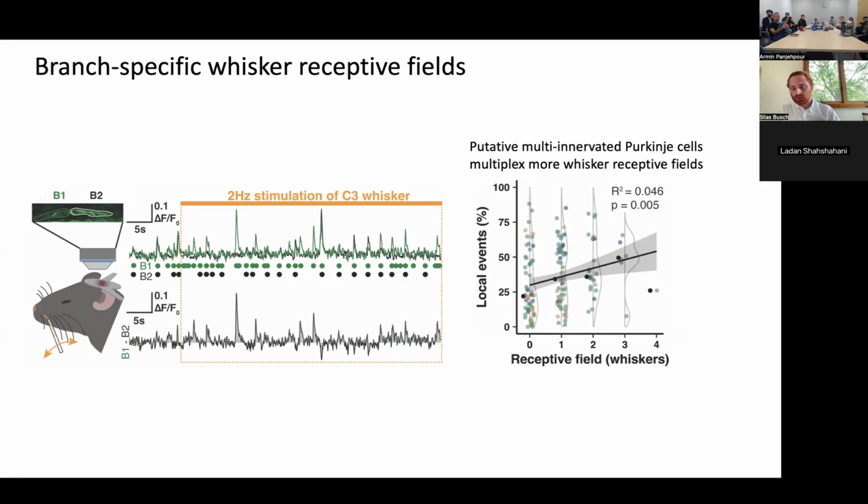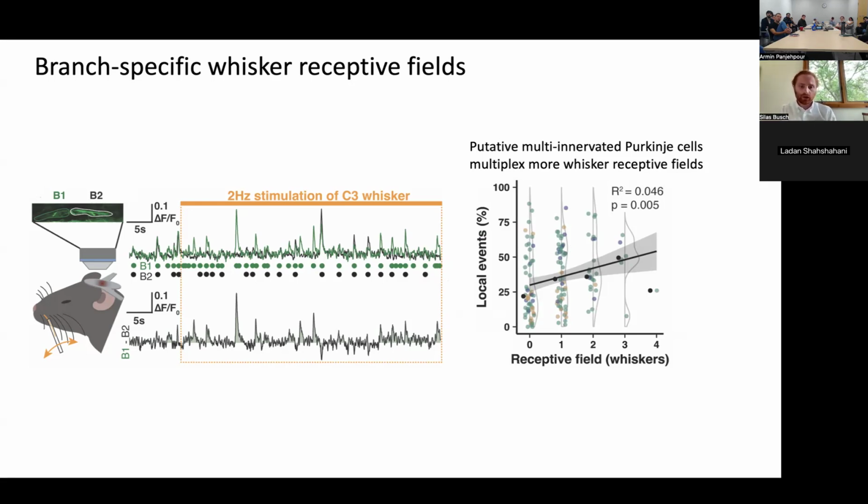Given this, we see that the cells that have more of these local events and thus are more likely to be multi-innervated also tend to respond to more whiskers of the ones that I tried. So maybe they are actually surveying a larger number of whiskers overall. To say that really confidently, I would want more data, but this starts to push us in that direction of interpretation.